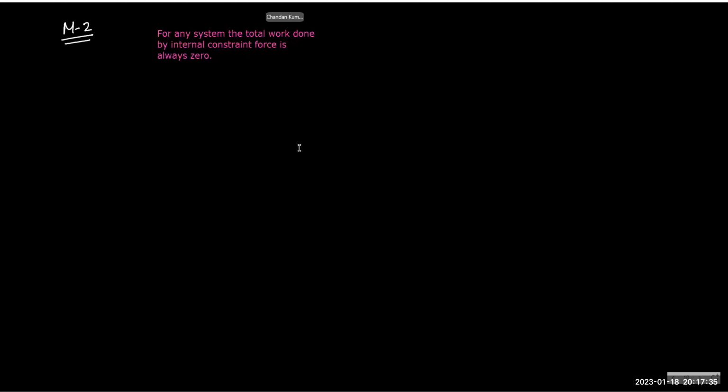Now, when I say constraint force, first of all, you need to have a basic hint about what a constraint force is.